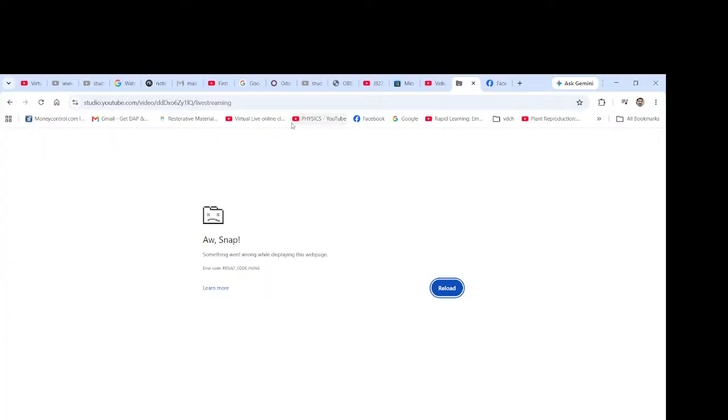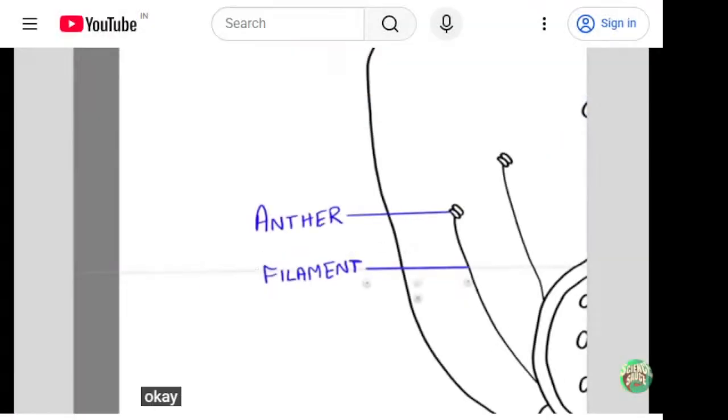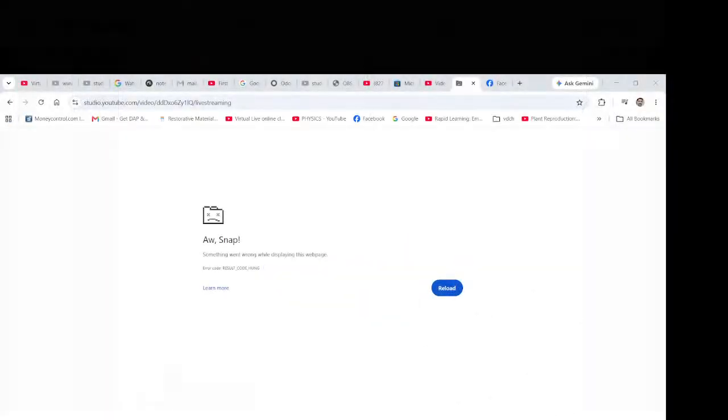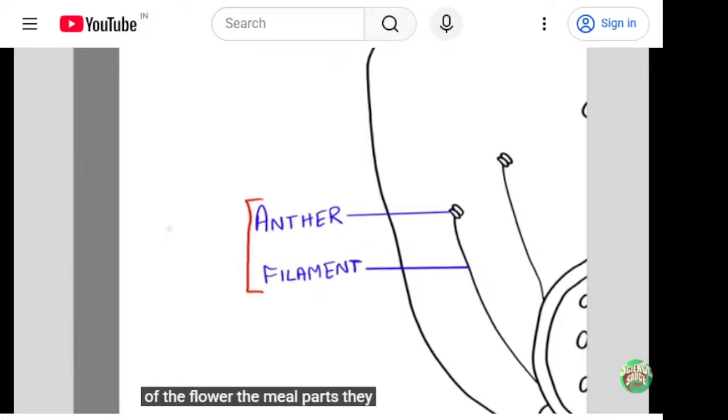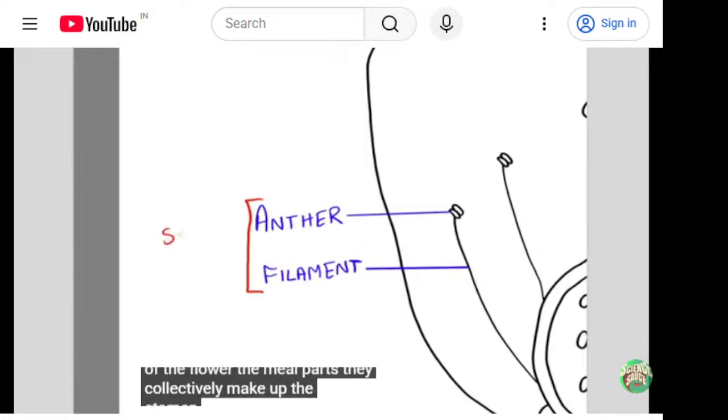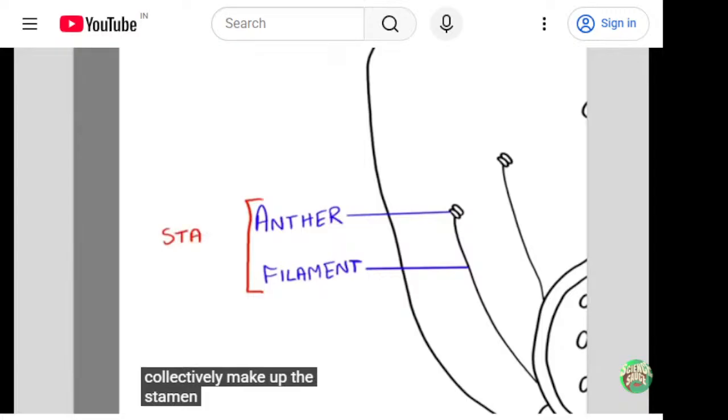Make sure you connect up to these structures. Okay, and collectively the male parts of the flower make up the stamen. The male part.